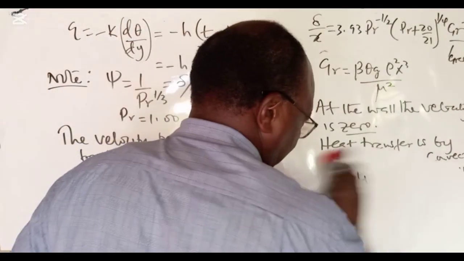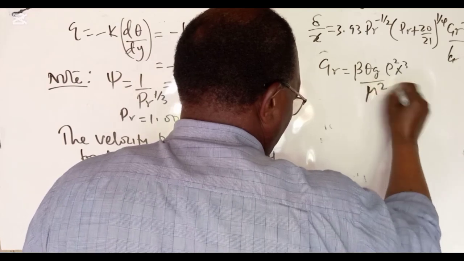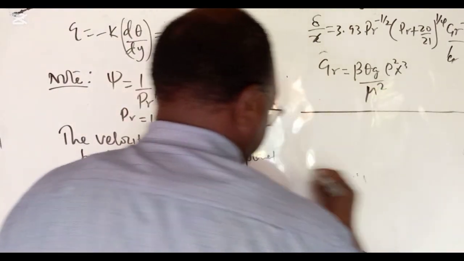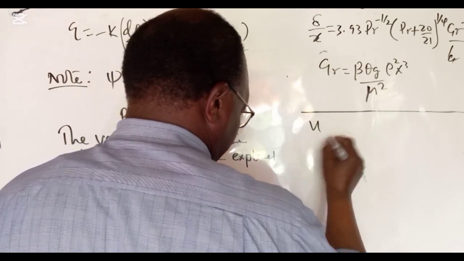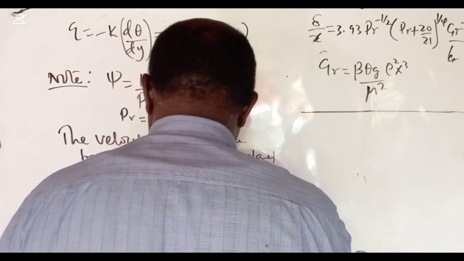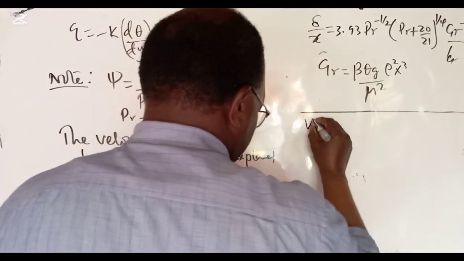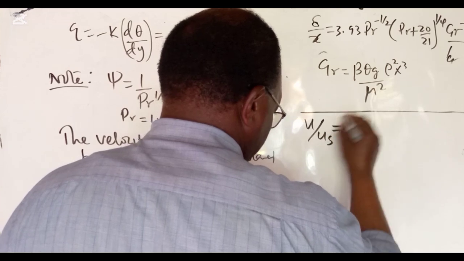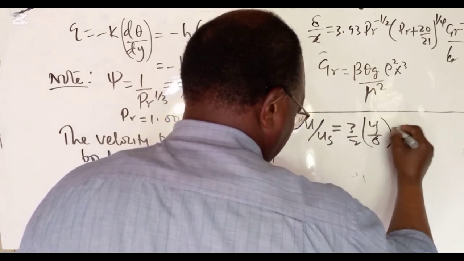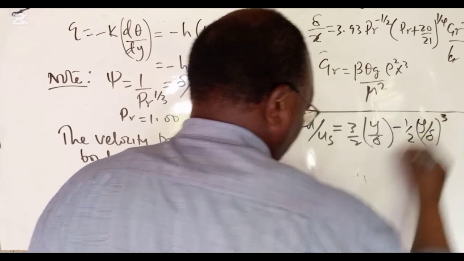If you remember, just in passing, we have said that for this parabolic profile, u over us, which is velocity, was 3 over 2 y over sigma minus a half y over sigma cubed.